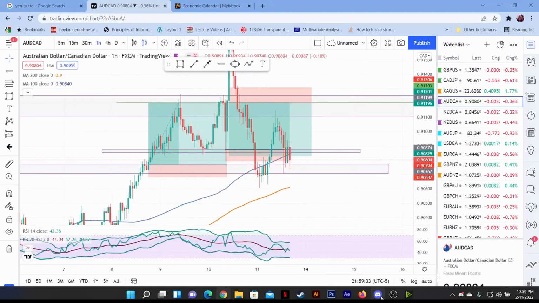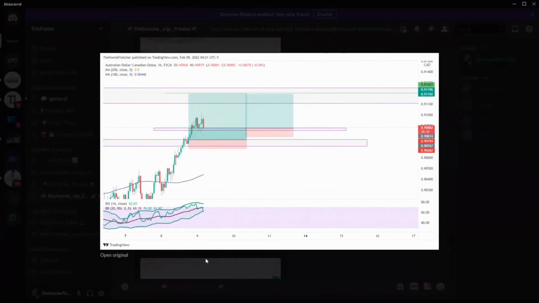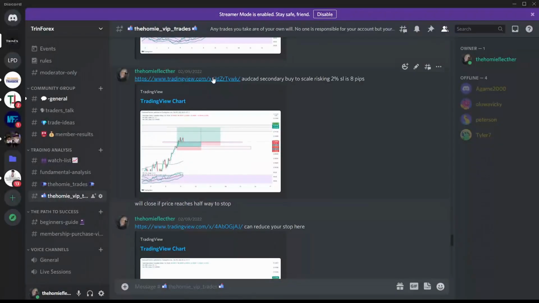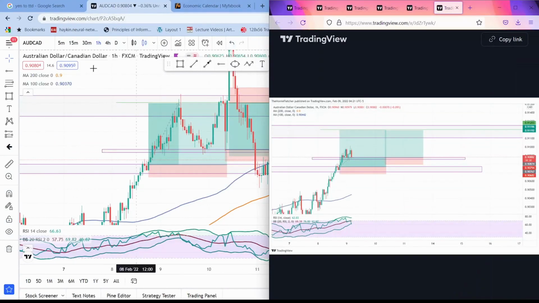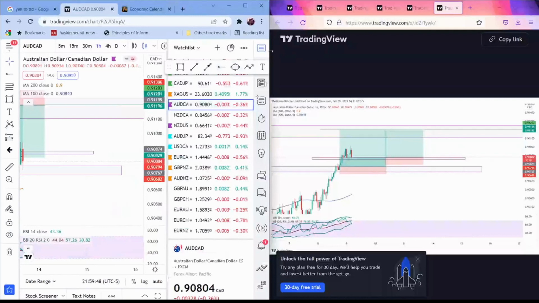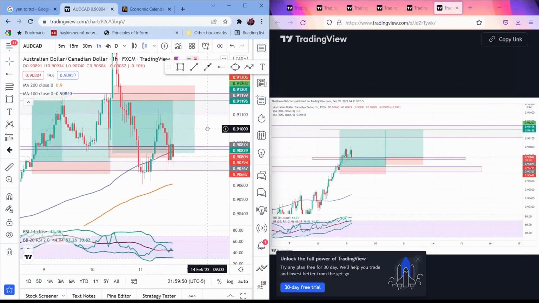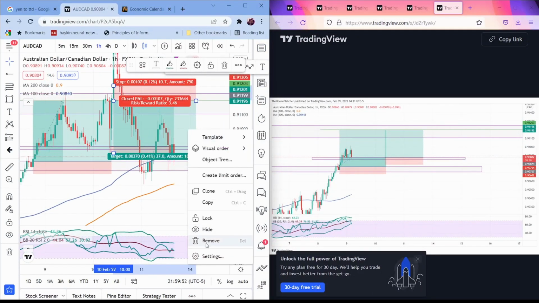So entered right around here. I have to actually open this up so that you guys can see it a little clearer. The AUD CAD. Let me just hide this for now.